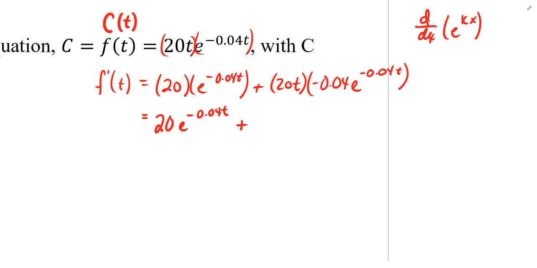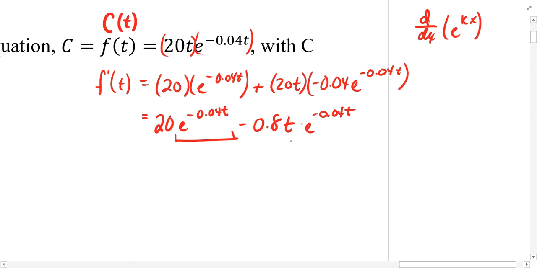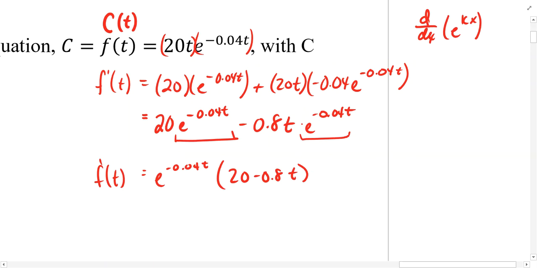And we have this negative sign, so we're going to subtract 0.8t times e to the negative 0.04t power. It might be worth noting that we've got a common factor, e to the negative 0.04t power. So if we wanted to take this one step further, e to the negative 0.04t times 20 minus 0.8t could be a pretty good description of our derivative function.